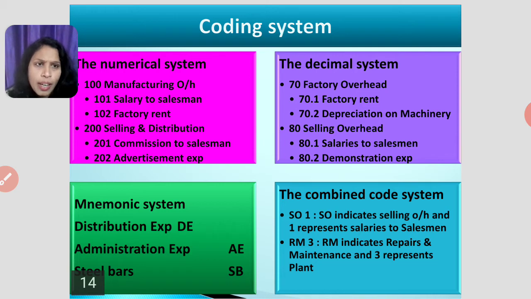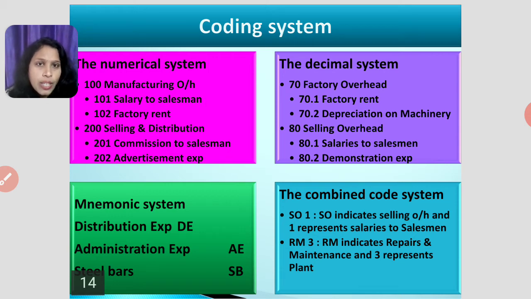Those contents relating to factory overheads are covered here. So 70.3, 70.4, etc., any number of contents are considered here: power and fuel, then oils and lubricants. So these are the contents which are covered under 70.